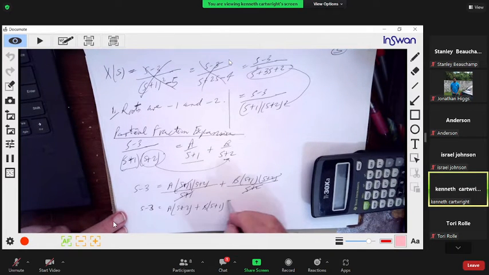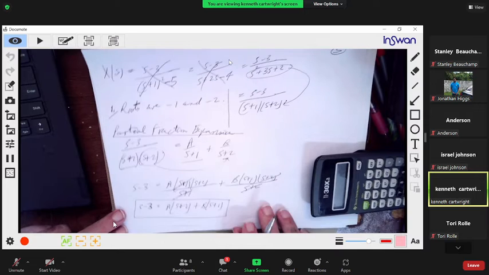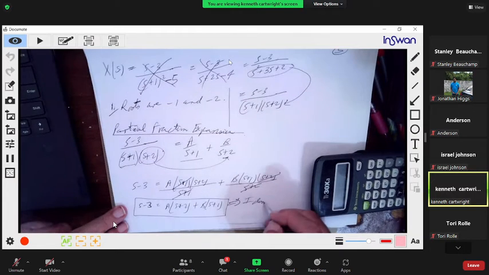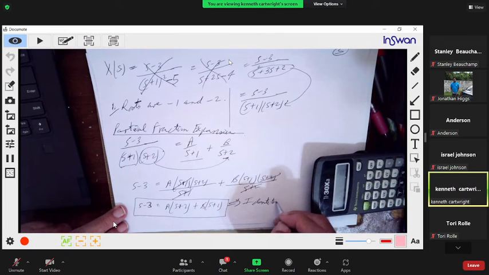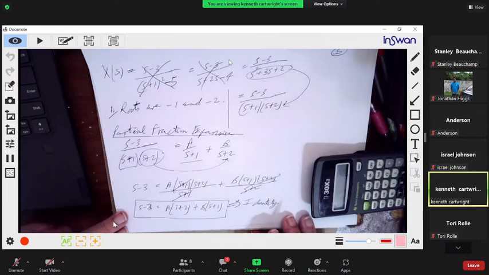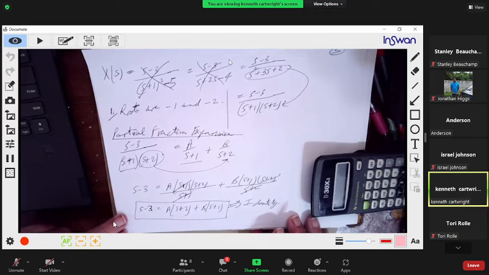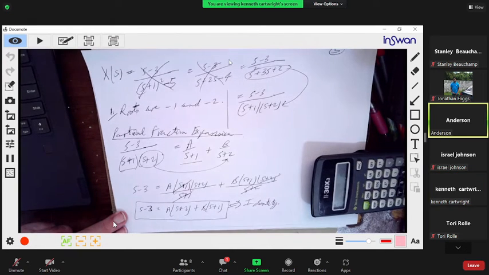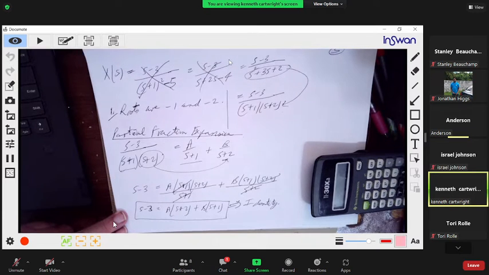Now, this is an identity. What's the difference between an identity and an equation?